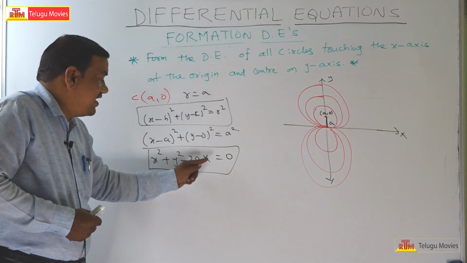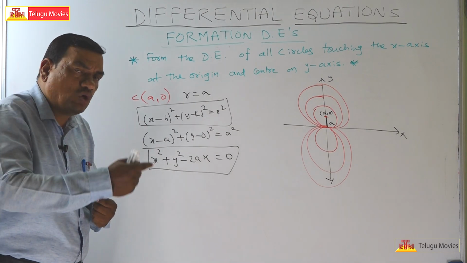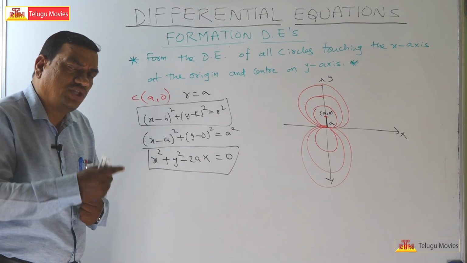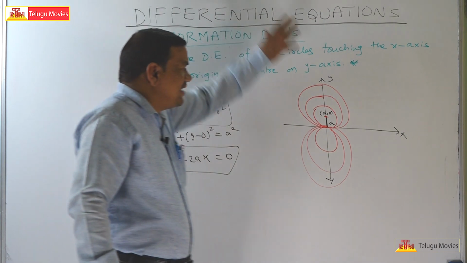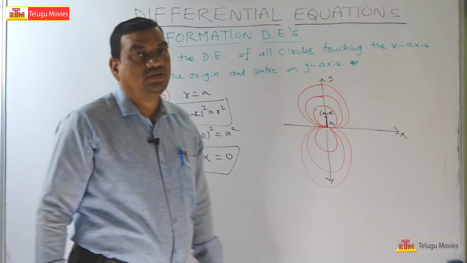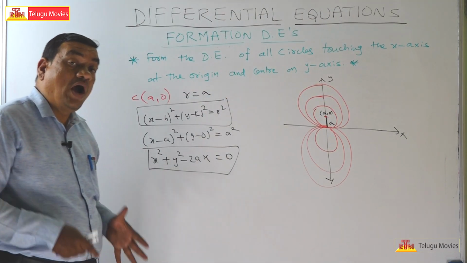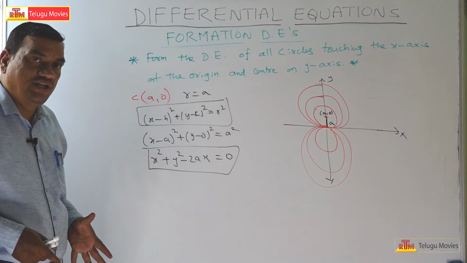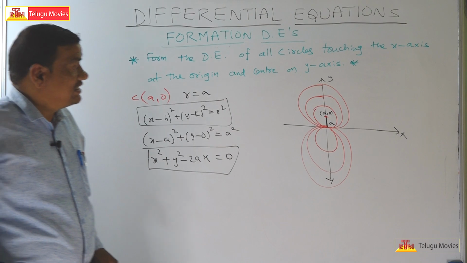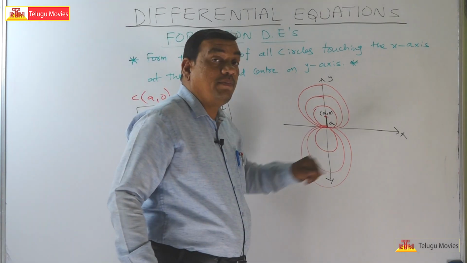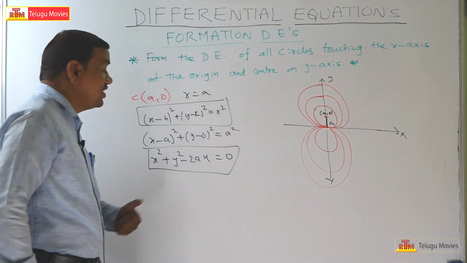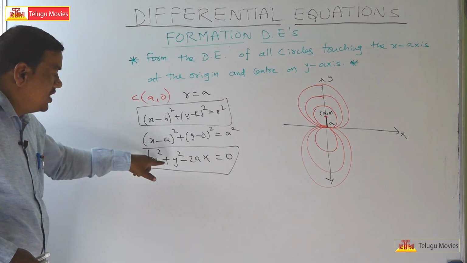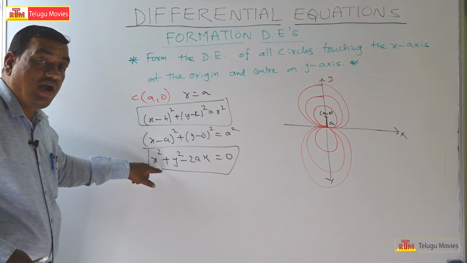That means if you give a value a equal to 1, a equal to 2, a equal to root 3, a equal to root 4, you will get a family of circles. Now what you have to do is find a differential equation which satisfies each and every member of this family of circles.